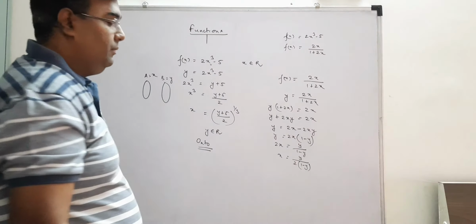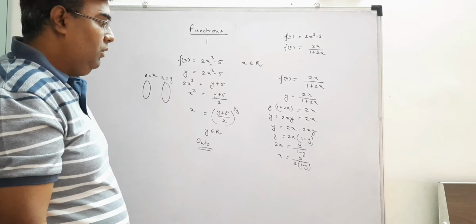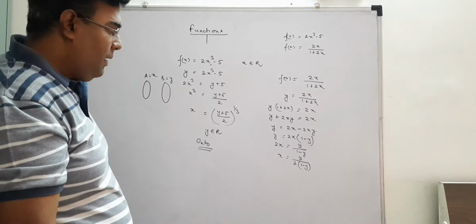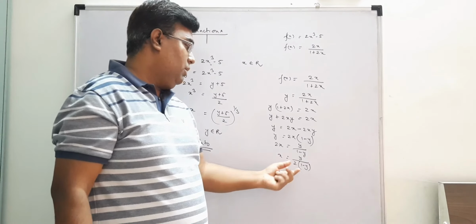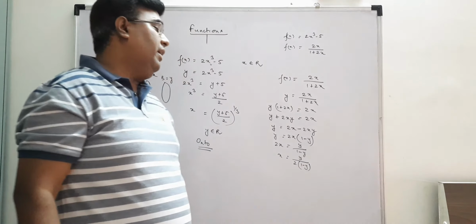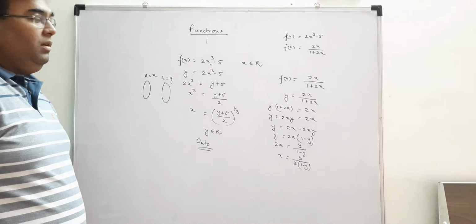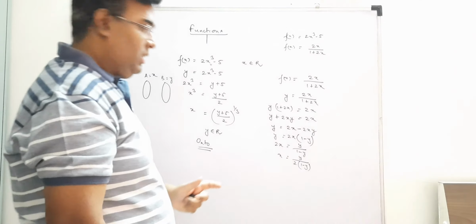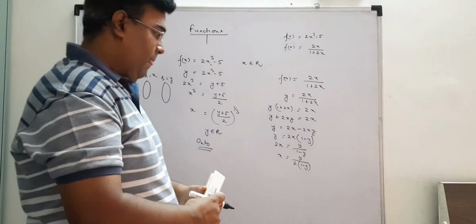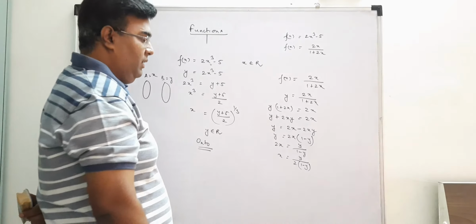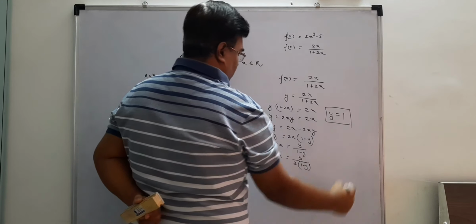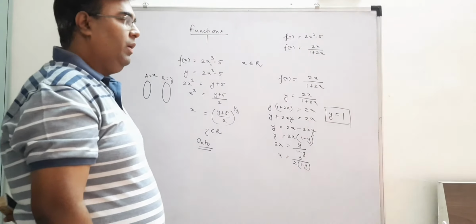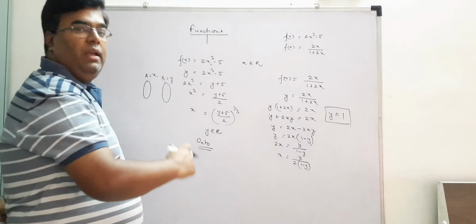Got the value? Now here we can see that we cannot take y as 1. Because in the denominator, if we take y as 1, then there is no value of x we will get, so it is not defined, right? So we cannot take y as 1.